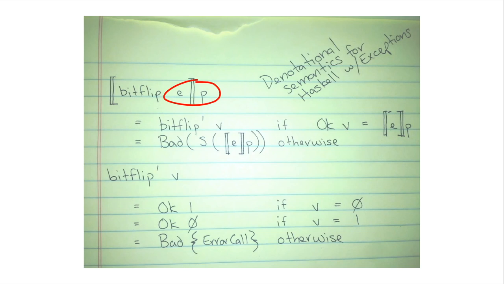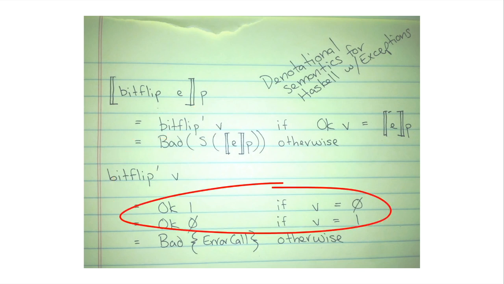My bitflip function, I'm just going to walk you through it. So the bitflip function applied to an expression E in some environment ρ: if that E is not an exceptional value, so I've got this OK to represent a normal value, I'm going to call bitflip prime, which is an auxiliary function that actually does the stuff that you saw in my Haskell program.